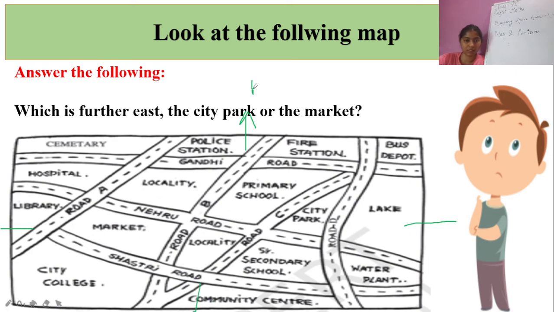So I can see this is the north, this is east, this is west, and at the bottom we have the south. So students, which is further east, the city park or the market? Is it city park that is furthest or the market?